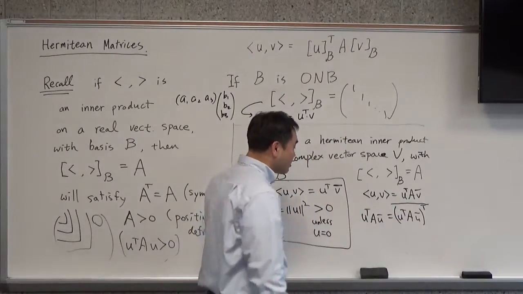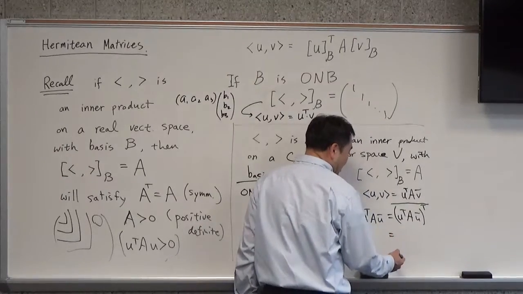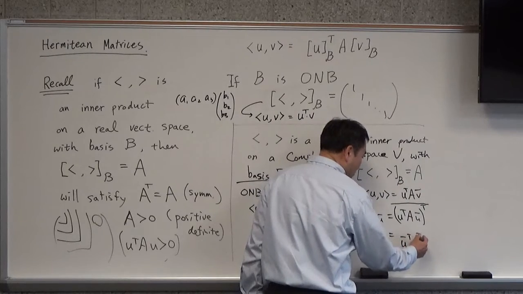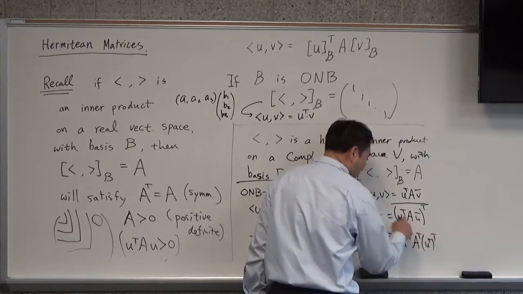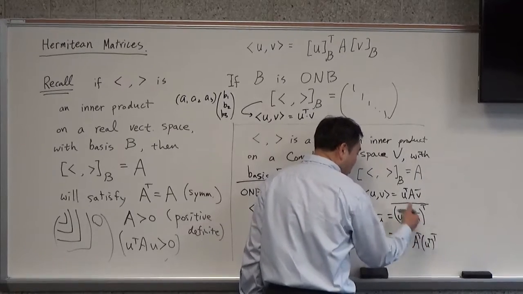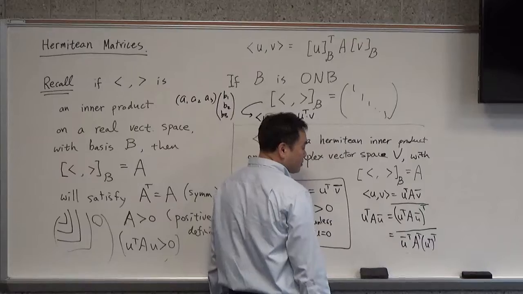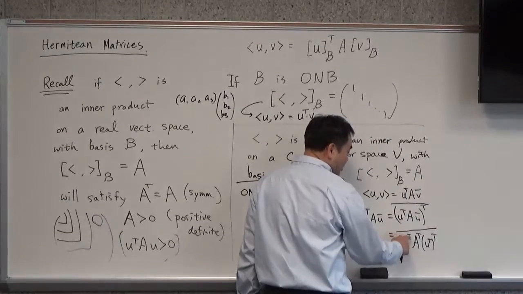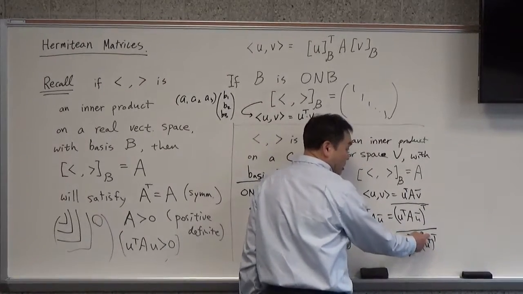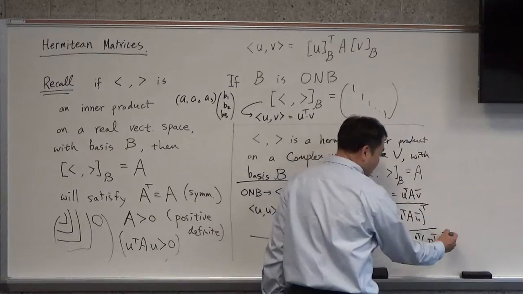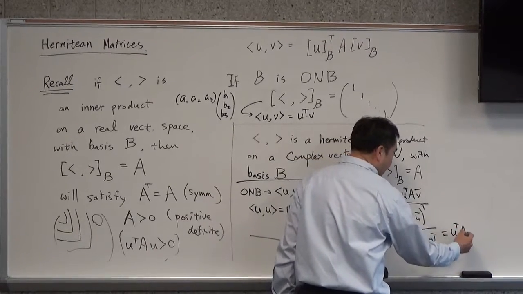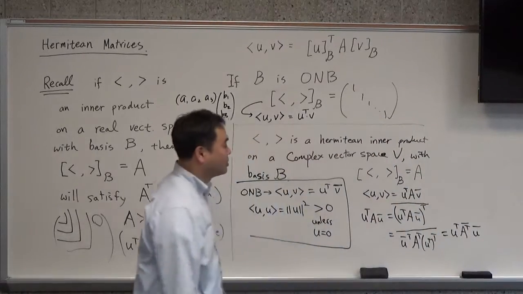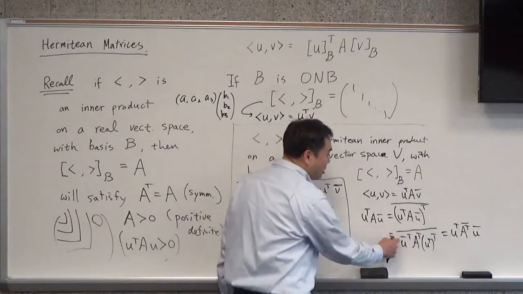But then if you actually do this, here's what you find. First of all, transpose switches everything. So you have U bar transpose, A transpose, U transpose transpose. Then you still have to do the complex conjugate. The complex conjugate can go down here and apply to individual ones, and the transpose of a transpose is itself. So what you end up with is U transpose, A transpose bar, with U bar, because bar of bar is again itself.